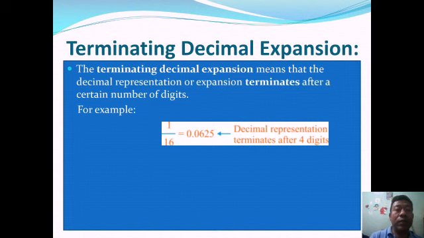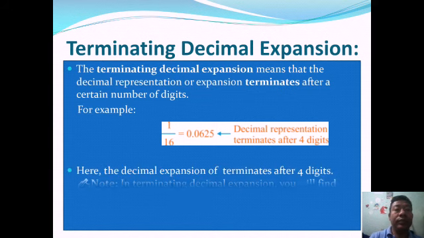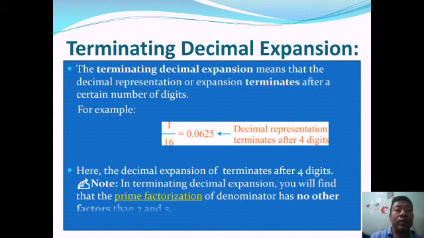For example, when 1 by 16 is expressed in decimal form, we have 0.0625. Here, the decimal representation is terminated after 4 decimal places. So it is a terminating decimal.